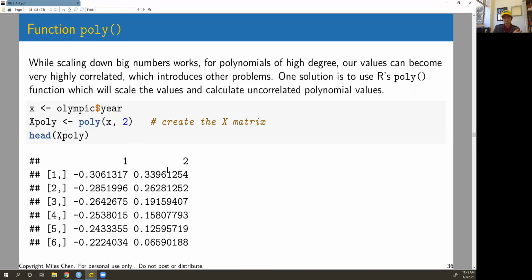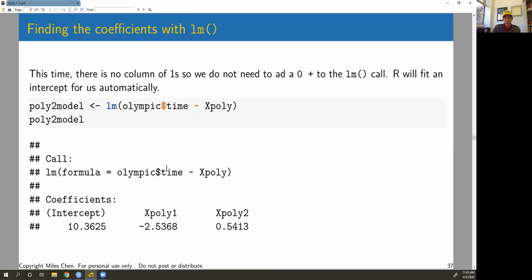And the important thing that I want you to note, okay, is that here, when I fit the LM, I'm going to do time tilde x poly. I don't need to add a 0 plus because I don't have a column of ones here. So here it's got a coefficient for the first column in x poly, a coefficient for the second column in x poly, and then it predicts its own separate intercept term.